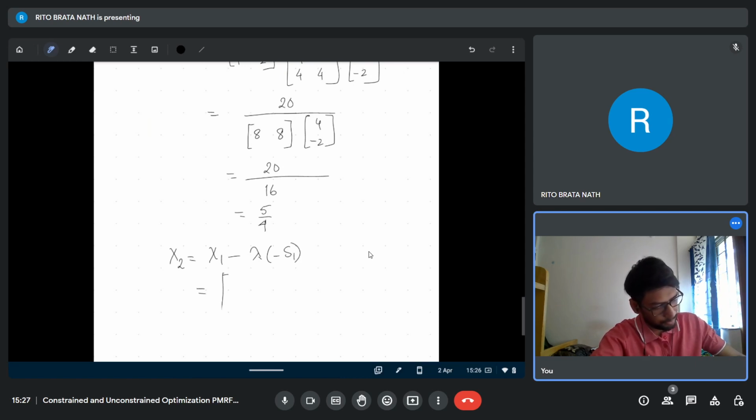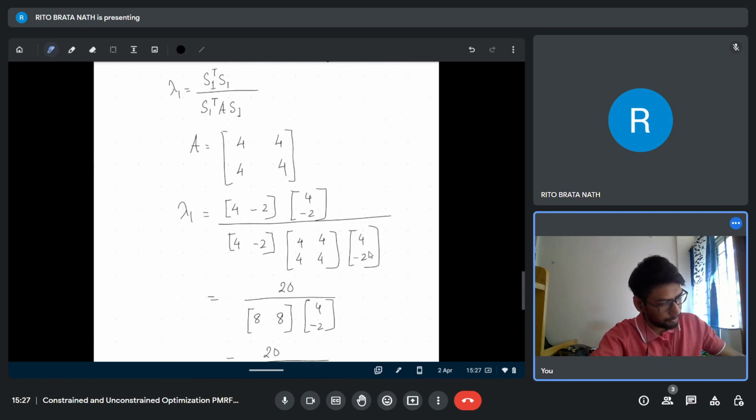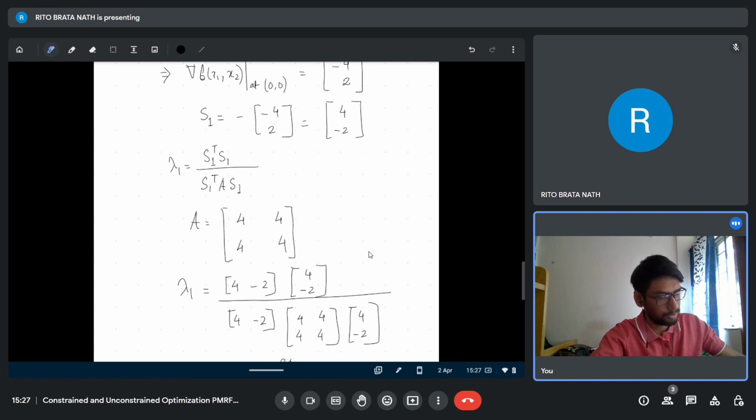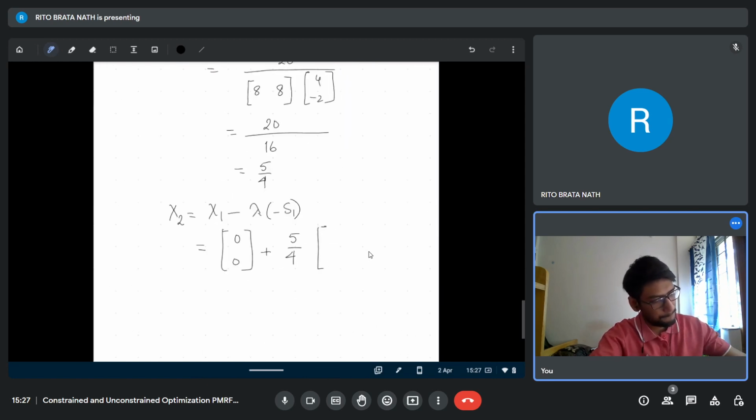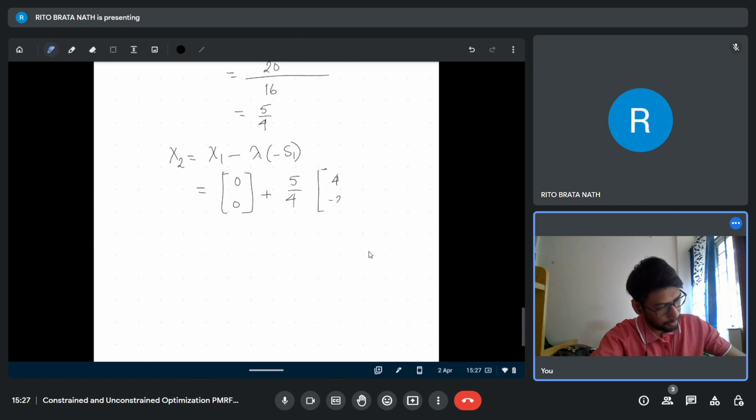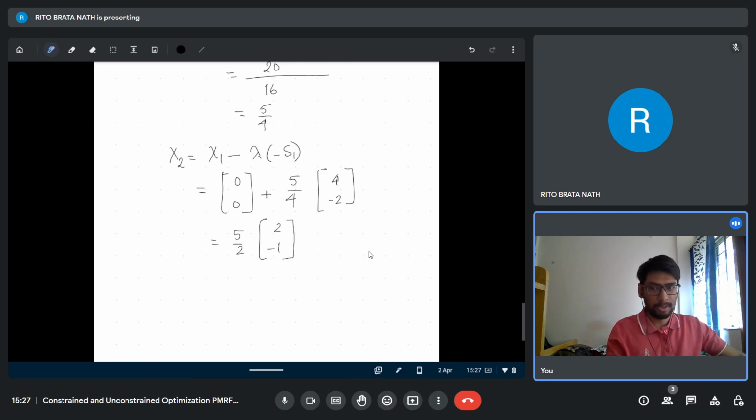This is nothing but 0 plus 5 by 4 times 4 minus 2. Take 2 out of it, so if I take 2 down, it's 5 by 2 and this is 2 minus 1. So let me check if this one is in one of the options or not.